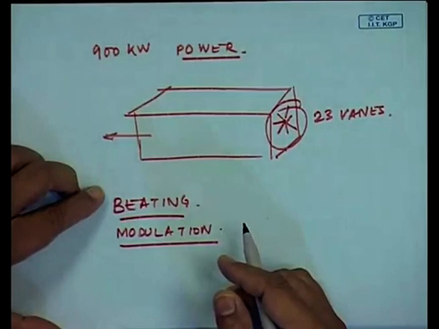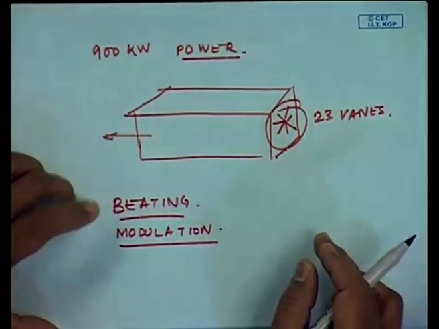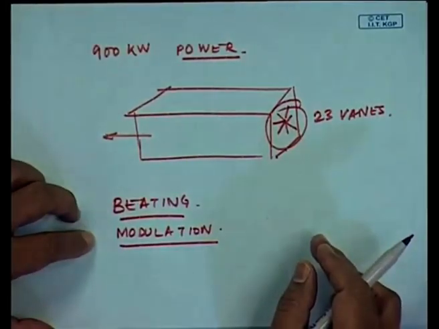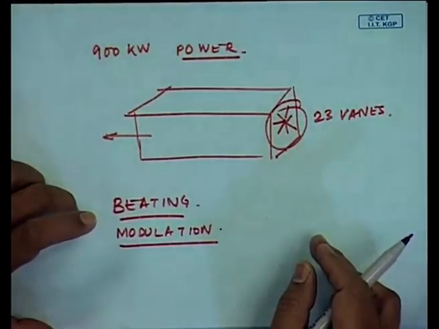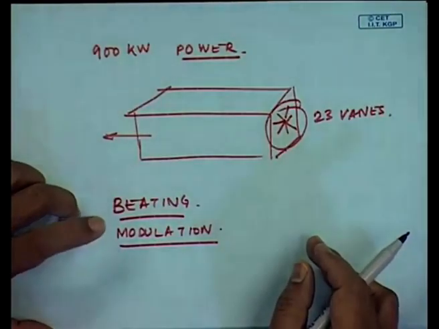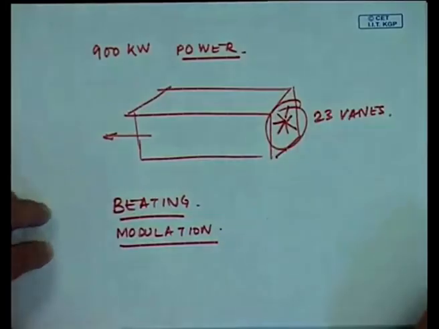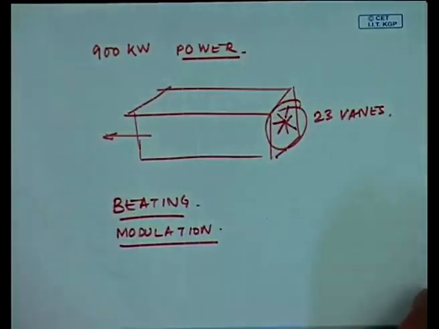To distinguish beating, I have to have the frequency resolution reduced. To distinguish amplitude modulation, I have to do what is known as the envelope analysis. Envelope analysis could be done by low pass filtering, or it can be done by Hilbert transform. And once we have understood the signals, we can now diagnose the fault in the machine. Thank you.